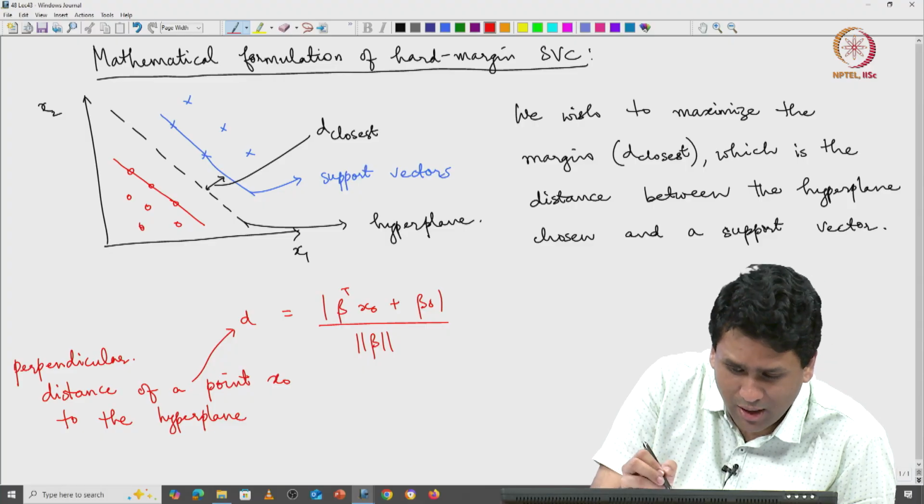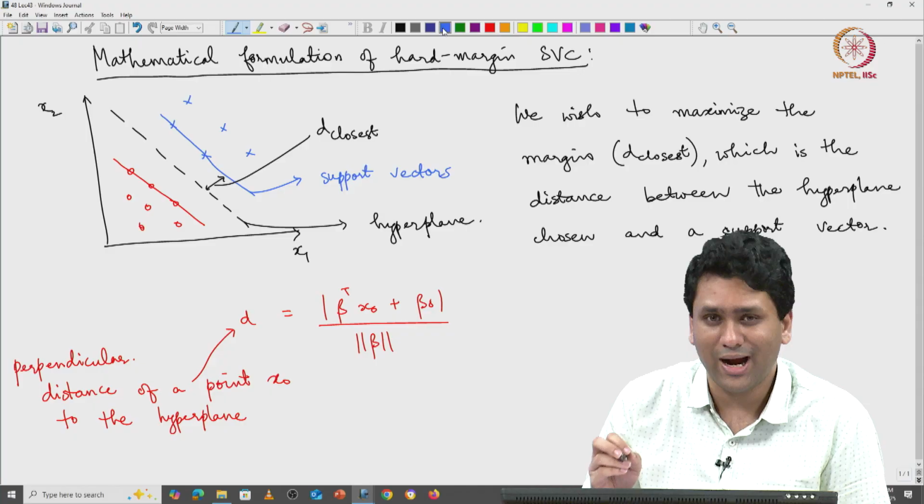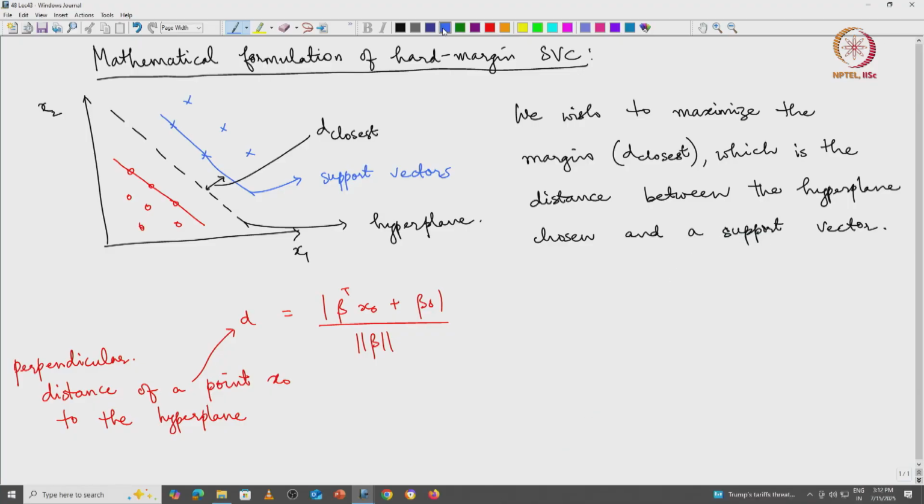Now you will see how this problem gets simplified. If you remember what we had done for the decision boundary, to make the decision you had said that yi times beta transpose xi plus beta naught will always be greater than or equal to 1. This is what you had said for the 2 points, and this we wrote in the previous class.